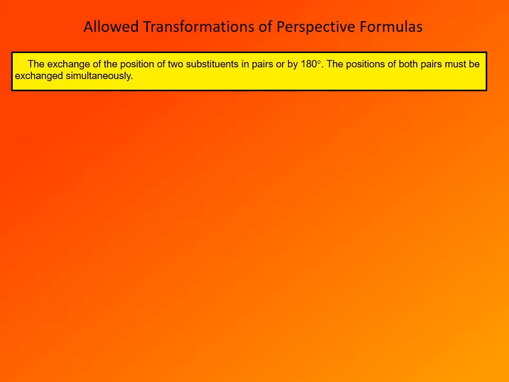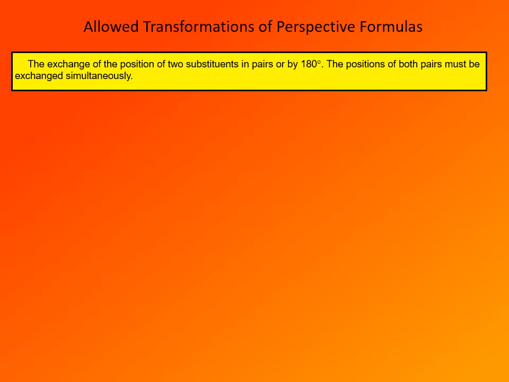Now we are going to look at allowed transformations of perspective formulas, and they are very similar to Fischer projections. And in fact, because in perspective formulas we indicate stereochemistry, we indicate which substituents are up or down or in the plane of the drawing, there is a little bit more flexibility in manipulating them.